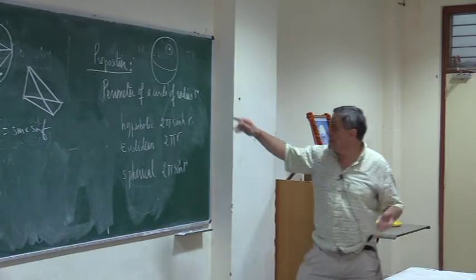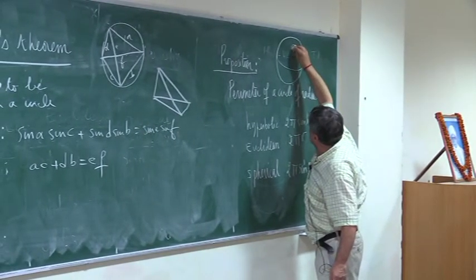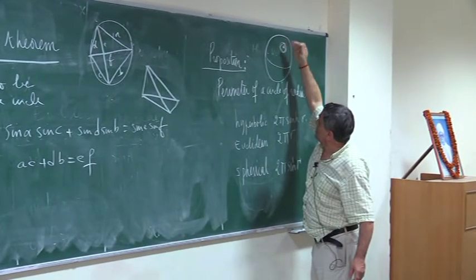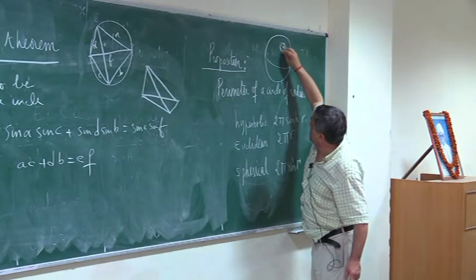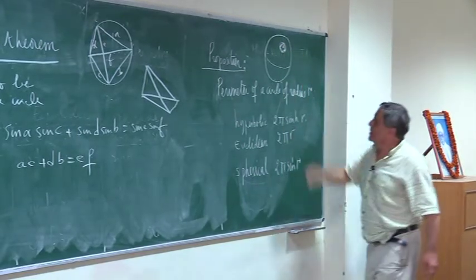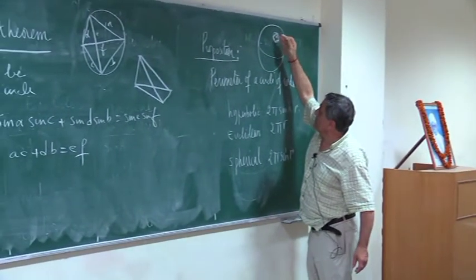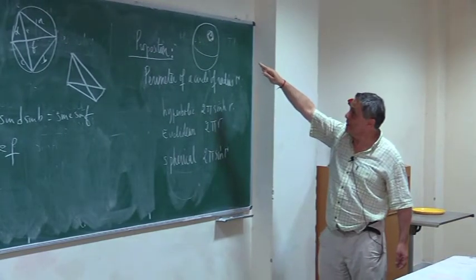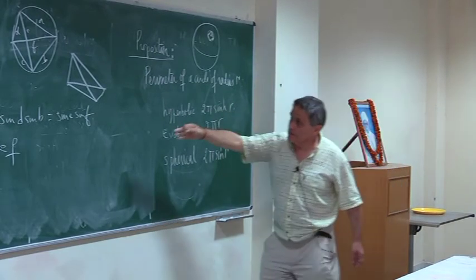Okay? So you have circles on the sphere, and then you have quadrilaterals. Quadrilaterals are figures obtained by joining 4 points by geodesics, which are the intersections of the sphere with great circles. So now you know what a quadrilateral on the sphere is, and what a quadrilateral inscribed in a circle is, and the relation is this one.